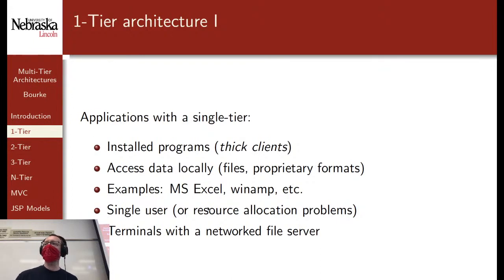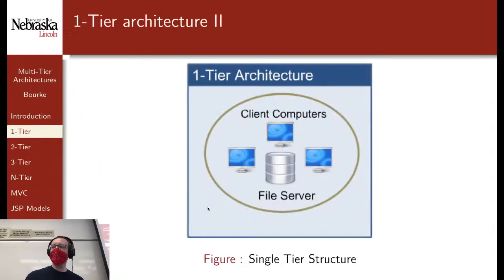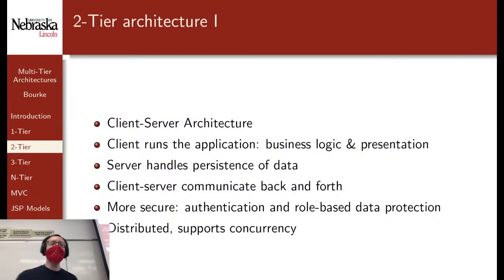In fact, that's a perfect example of a one-tier architecture versus a two-tier architecture. A one-tier architecture is just one tier. Everything is done on, files are saved, your Office files are saved to the same disk, et cetera, et cetera. It's all contained in one tier. Two-tier architecture introduces the client-server model.